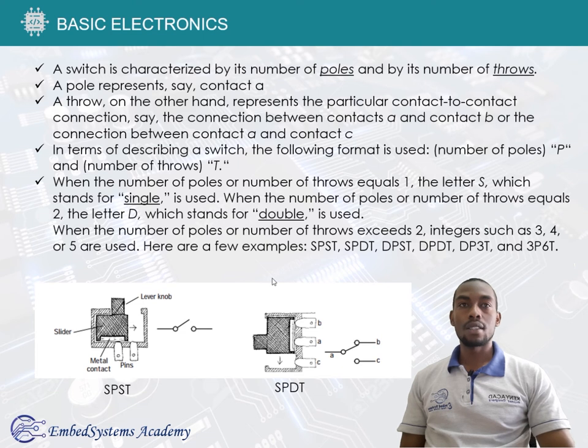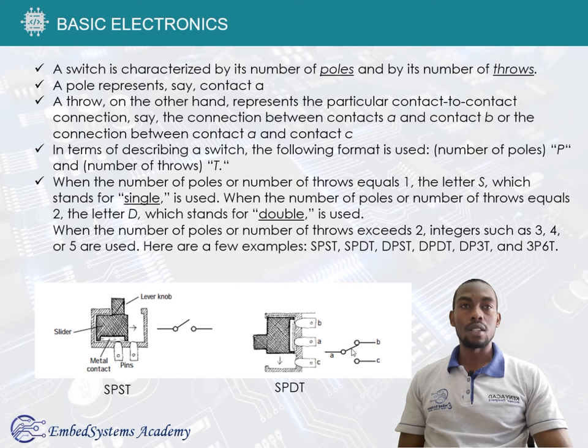A pole is a terminal or a contact in a switch. For example, this terminal A, we call it a pole. And then a throw is a connection. For example, when we connect A to terminal B, this is a throw. And when we have another connection between A and C, this is another throw.